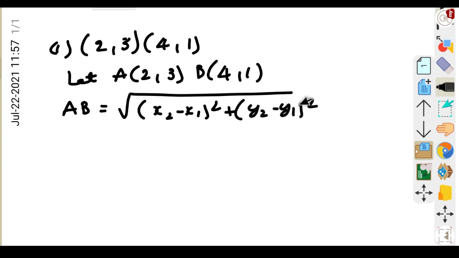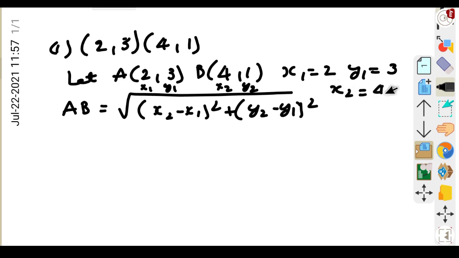Call the first point x1, y1 and the second point x2, y2. So x1 is 2, y1 is 3, x2 is 4, y2 is 1. Now you have the formula and the data, apply the data to the formula and simplify it, you will get the answer.